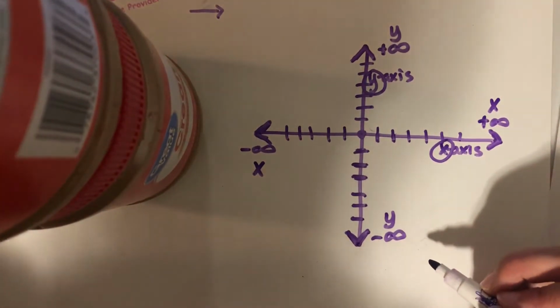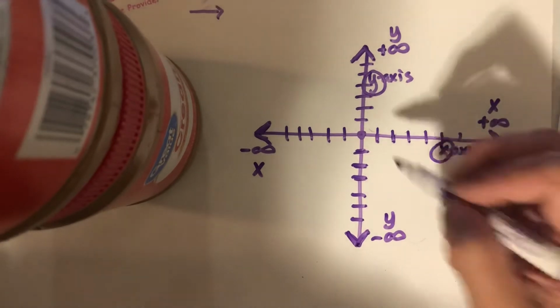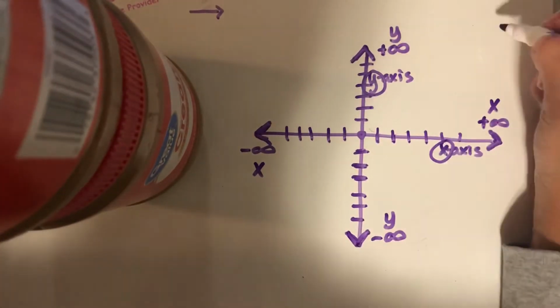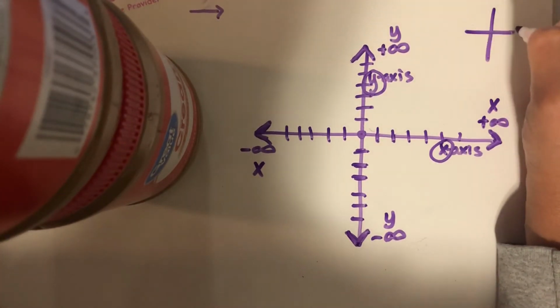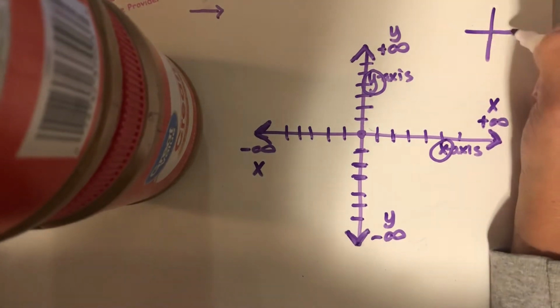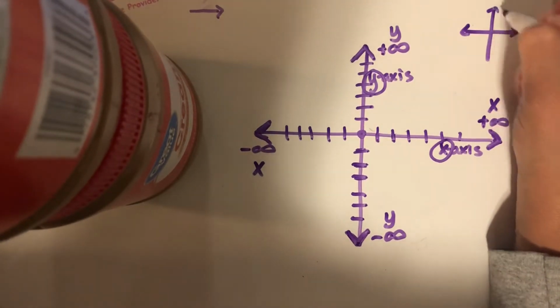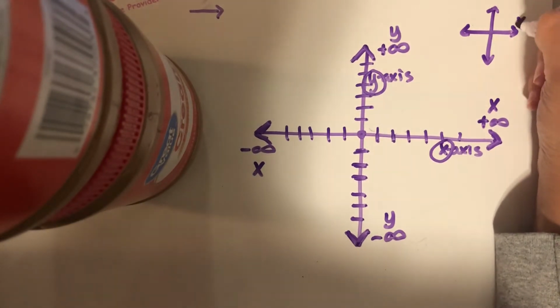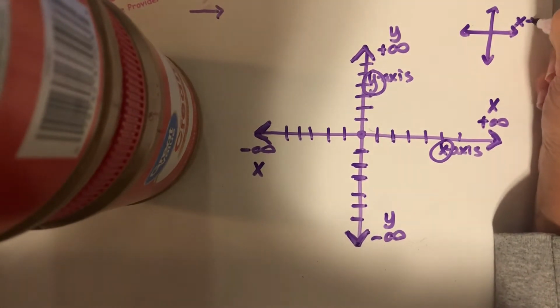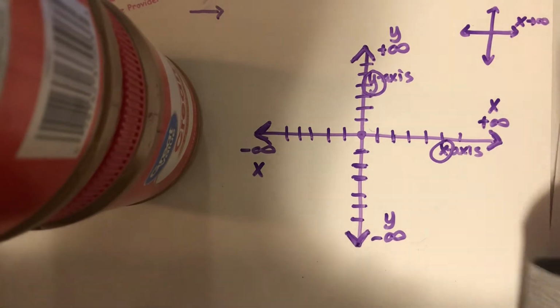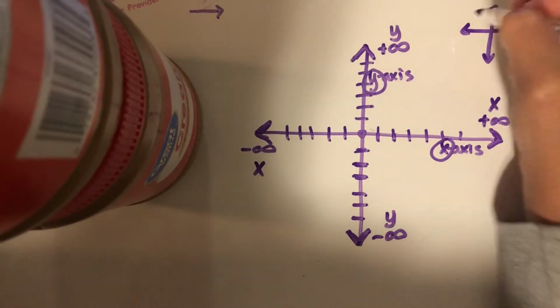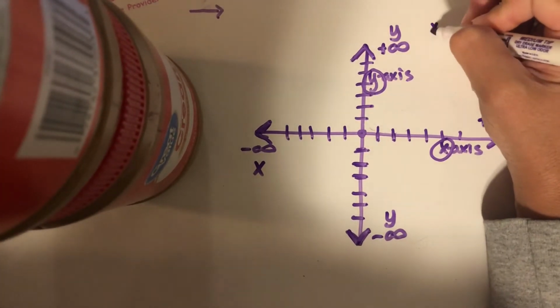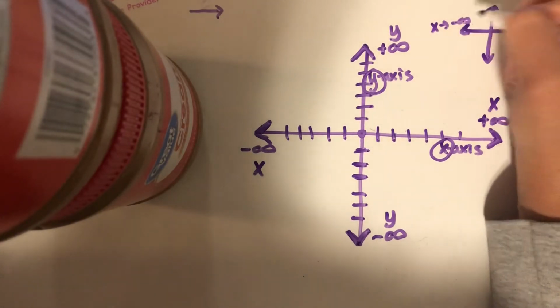So we have our x and our y as we're going through this. I like to keep track of this idea as I go through all of these different ideas, and I like to look at our little chart and just say, look at the arrows. This one means as your x value is approaching positive infinity, this one means as your x value is approaching negative infinity.